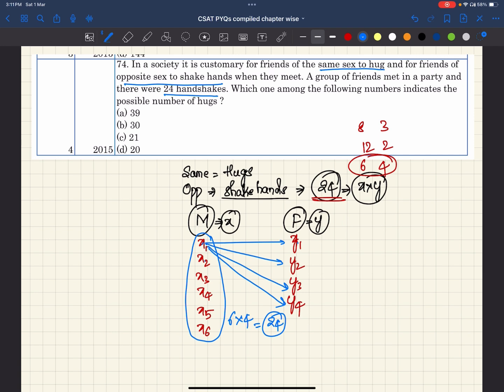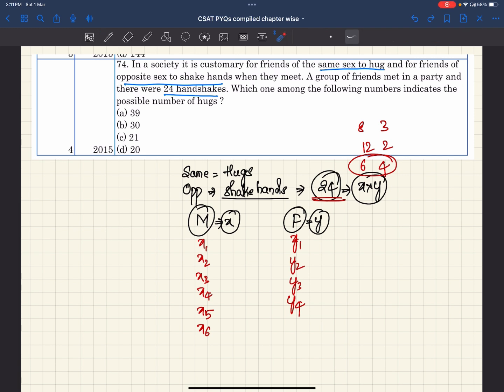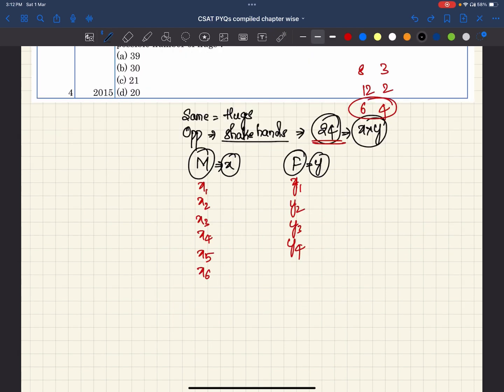Now what is asking? He is asking number of hugs, right? Let's see. What is hug? Hug is between same sex people. That means within this group and within this group. Let's calculate. There are 6 people here, 4 people here. For hug, we need 2 people. That means we are selecting 2 people out of 6 and 2 people out of 4.